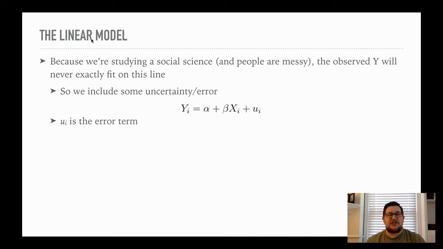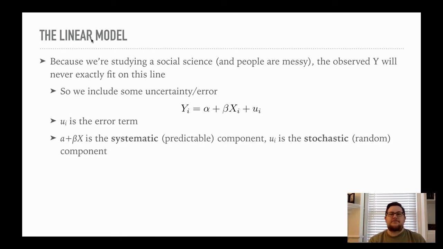But in the population, generally we say, all right, here's some line. It intersects the y-axis at this point, alpha. The slope is beta. And then there's going to be some error. Okay? So for each individual observation i, the value of y is going to be a linear function of x, alpha plus beta x, plus some error. That's all that is, okay?